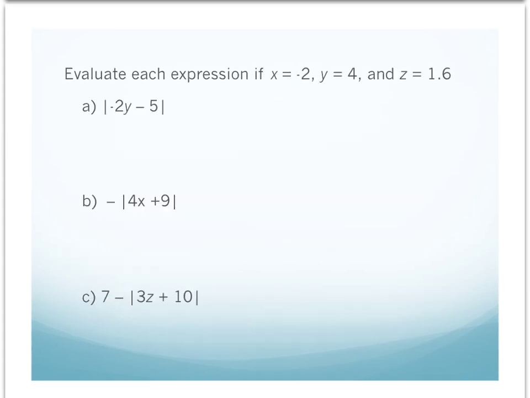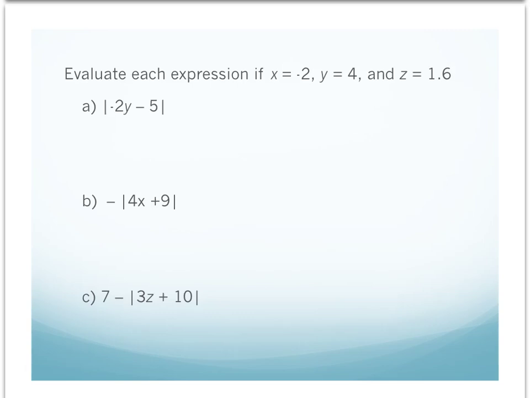Here we're asked to evaluate some absolute value expressions given some values for variables. x equals negative 2, y equals 4, and z equals 1.6. So all we have to do is input those values into these absolute value expressions.